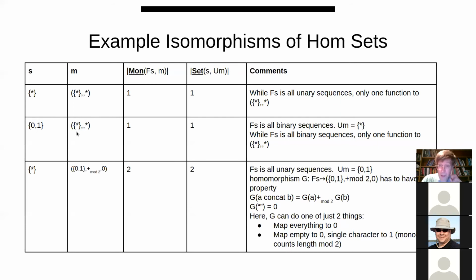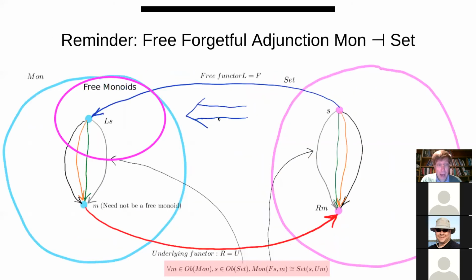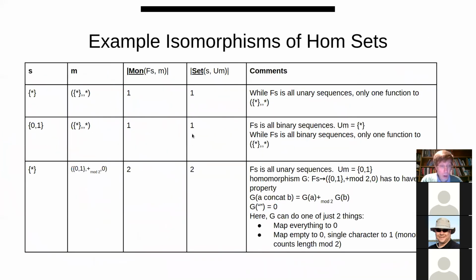That's what RM is. It's the underlying functor. It's a forgetful functor. It sucks out the set here. And so what this is going to map is 0, 1 onto a single element here. It's a singleton set. You have to map 0 to that single element. You have to map 1 to that single element. There's no choice in the matter. So there's again only one possibility.